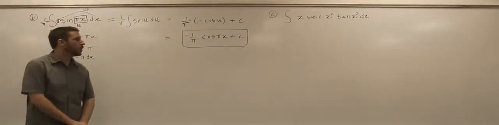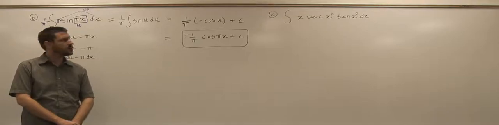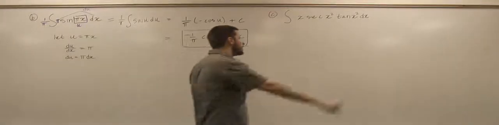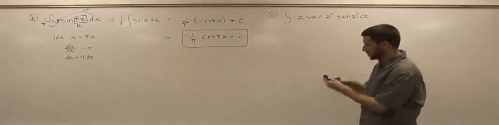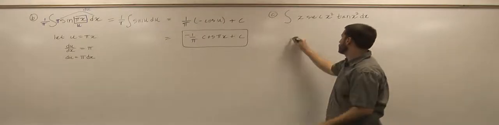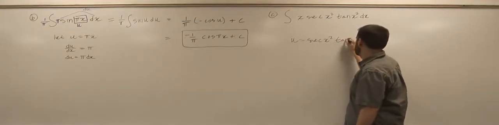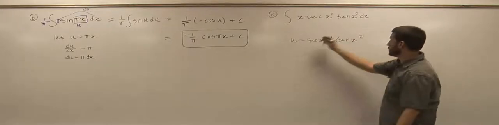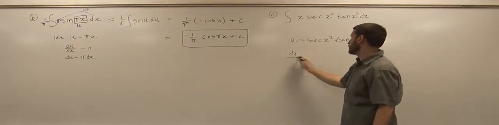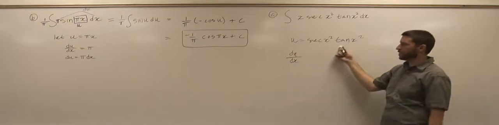So what do I want to make u? Secant x squared tan x squared. So if I made u equal to secant x squared tan x squared, then my derivative du dx would be what? What's the derivative of this function?